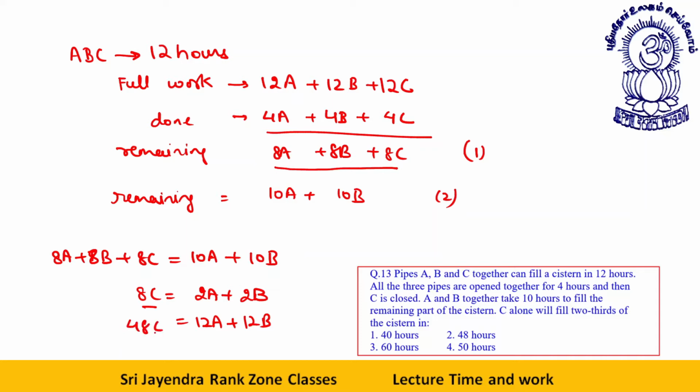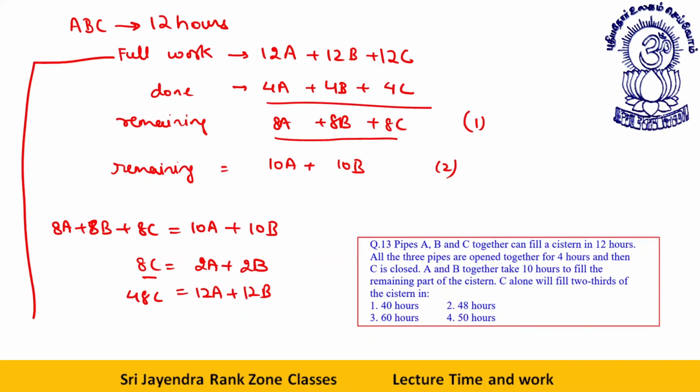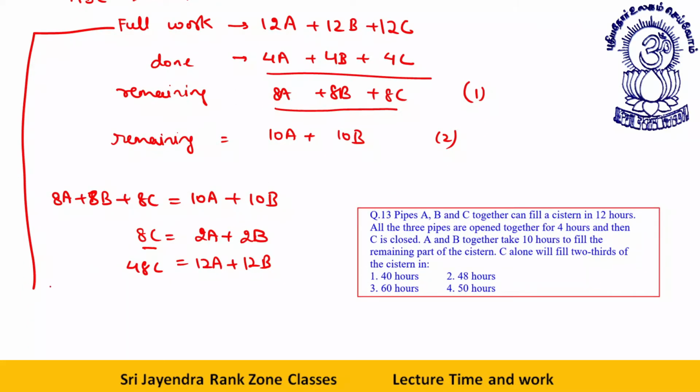Now, if I start with the initial equation, what is the full work? Full work will be 12A plus 12B plus 12C, or in place of 12A plus 12B, I can say 48C plus 12C, that is 60C.